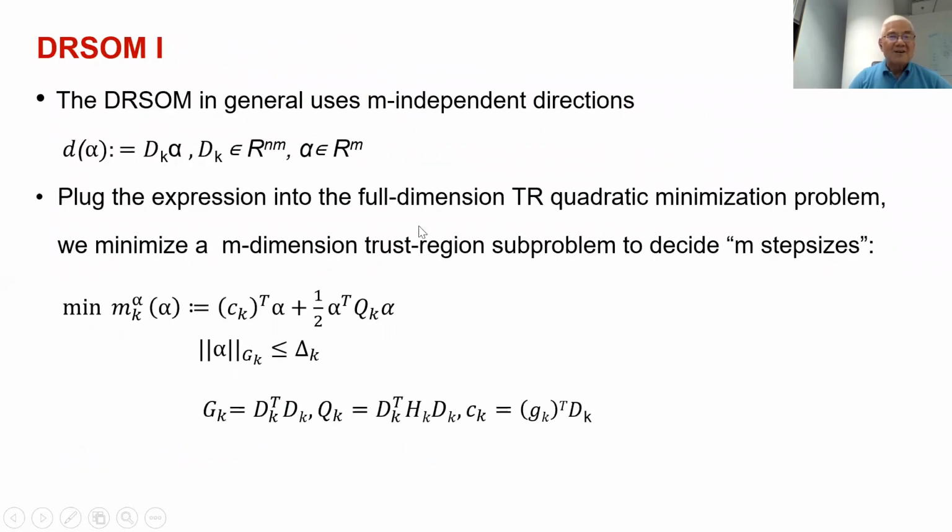So d is going to be a linear combination of some given vectors. The vectors and the matrix are given, you only need to find the best alpha to fit into this quadratic. Then, if you only have two directions, this trust region problem becomes a two-dimensional problem. That's the whole idea.